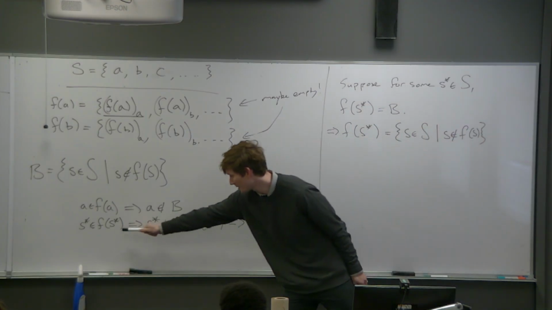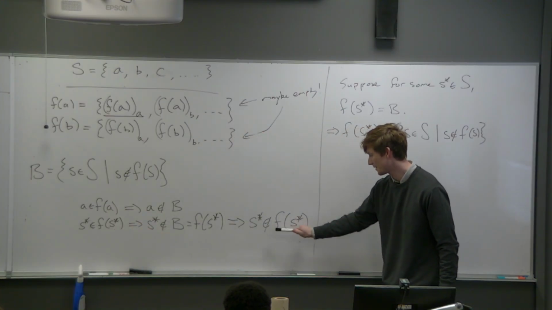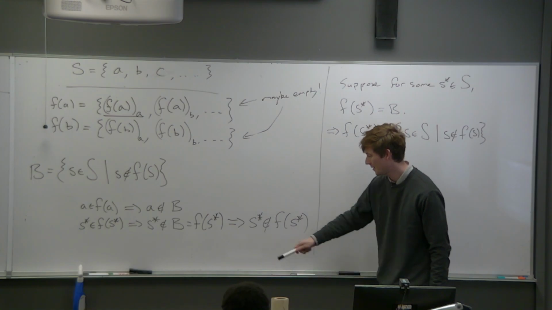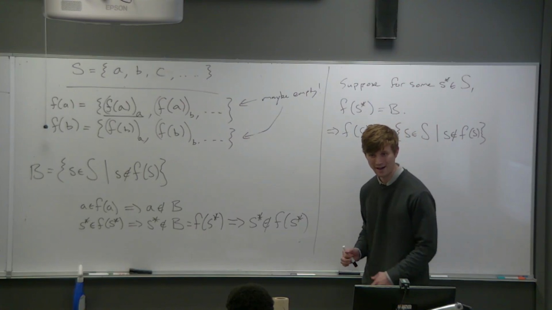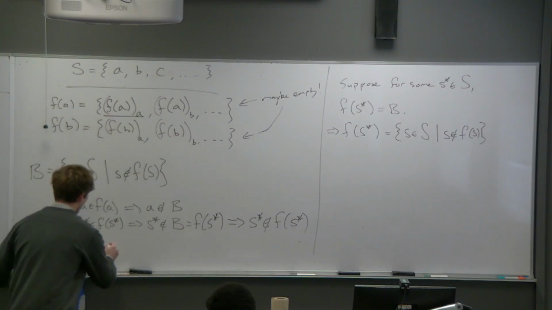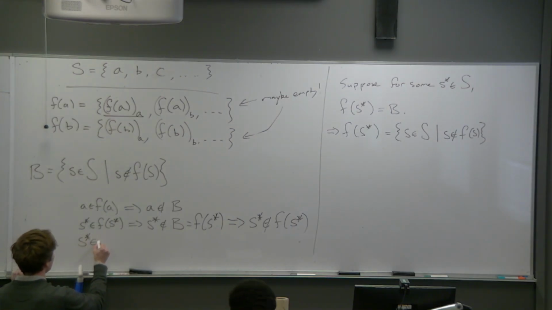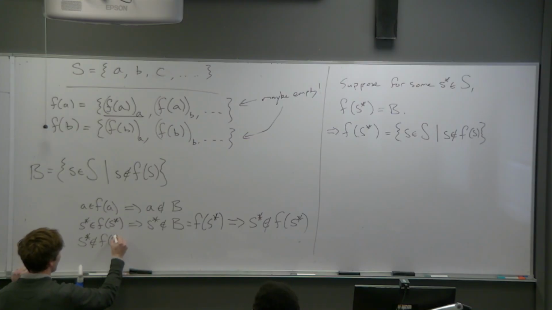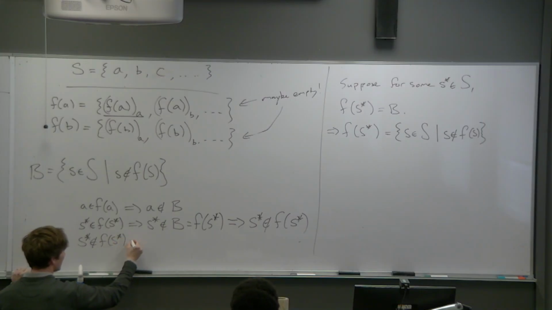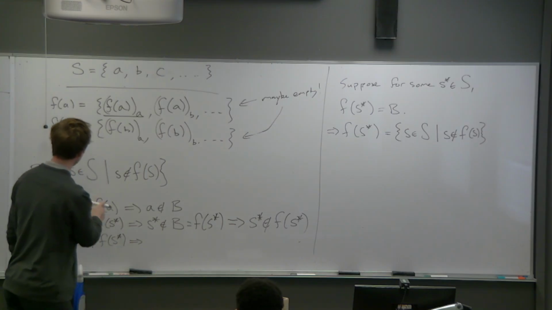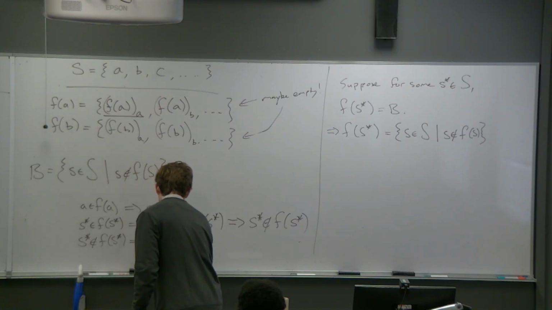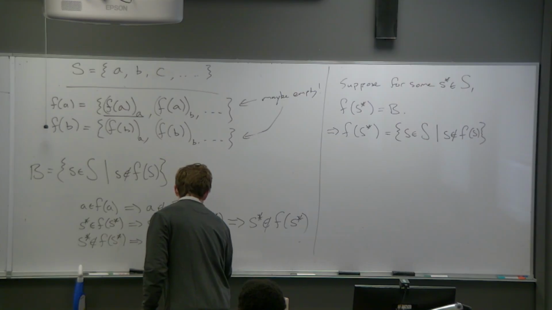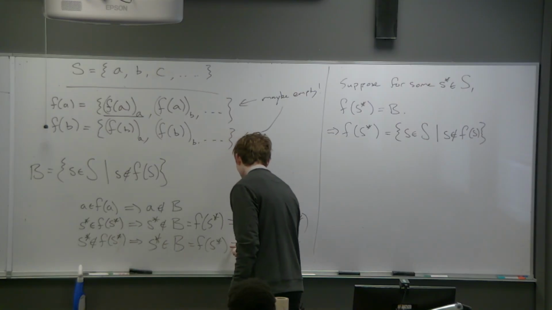If S star is in f of S star, then S star is not in f of S star, right? Now, the other way around, if S star is not in f of S star, this implies from construction that S star is in B, which is equal to f of S star, which implies what?